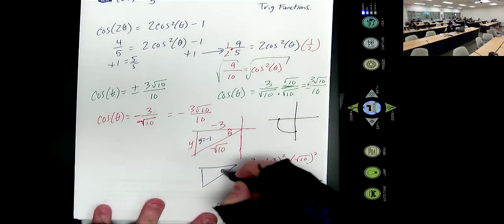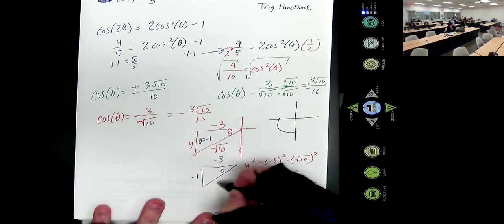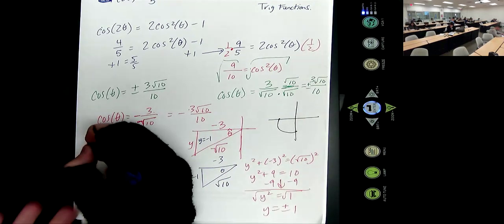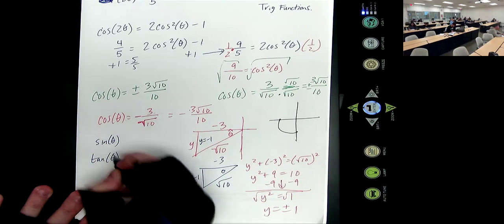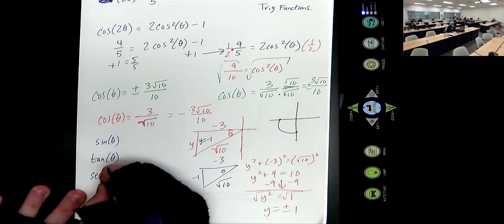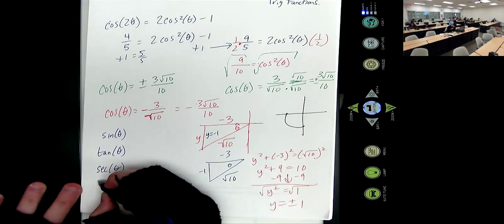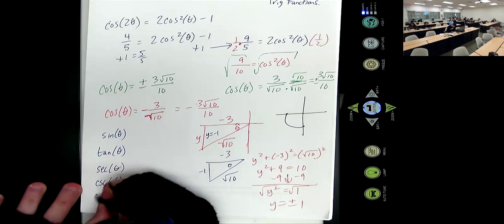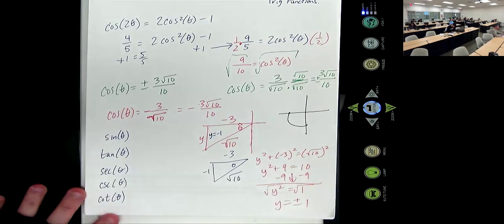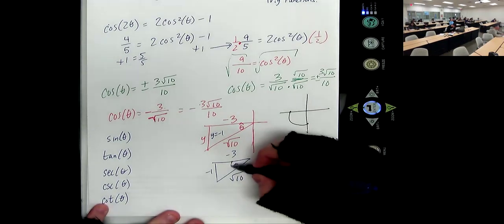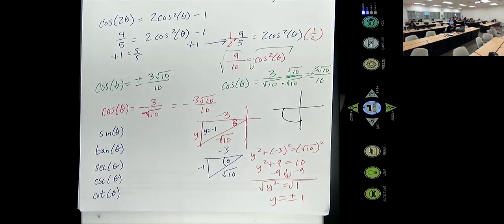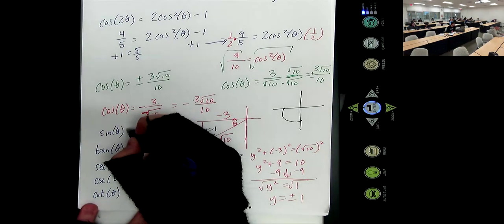So that's our angle, we got -1, -3, square root of 10. We can quickly fill in the other ones by using SOHCAHTOA. What is sine theta? -1 over root 10? Yeah.